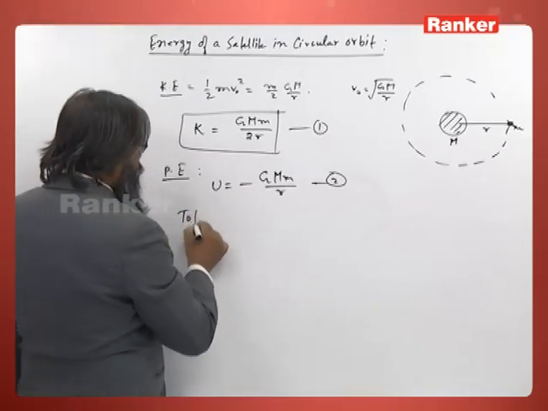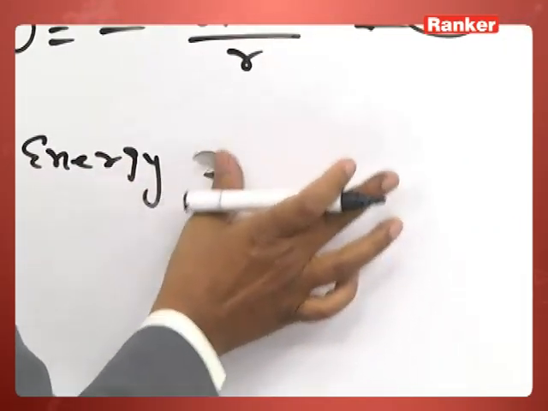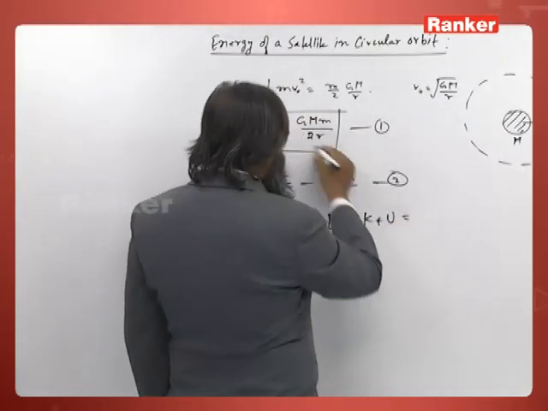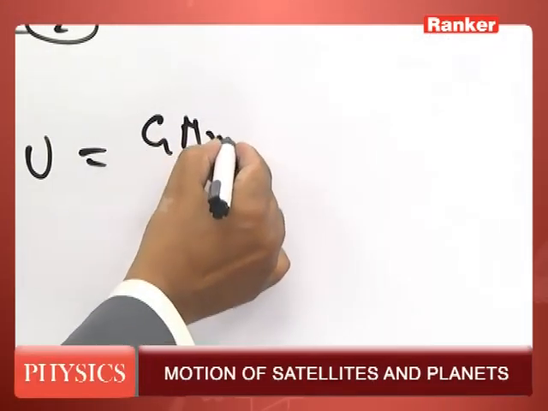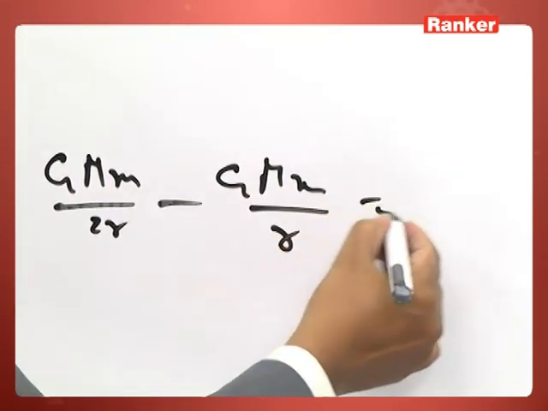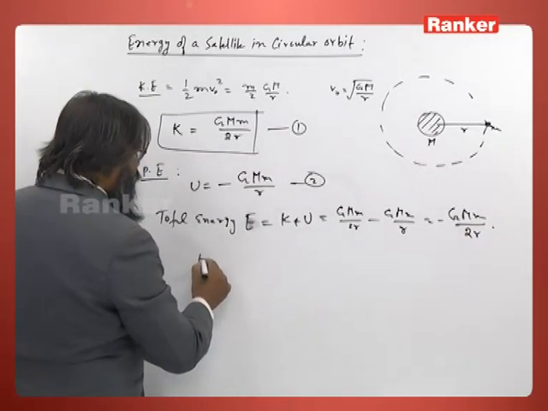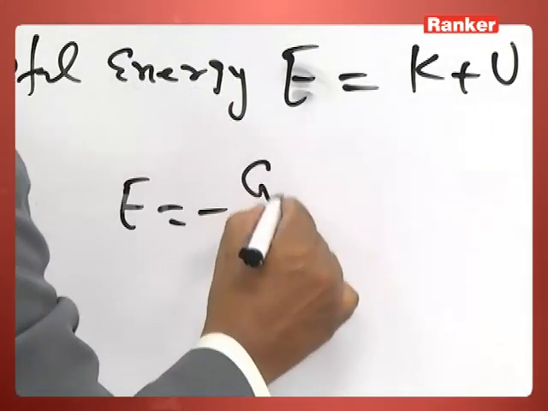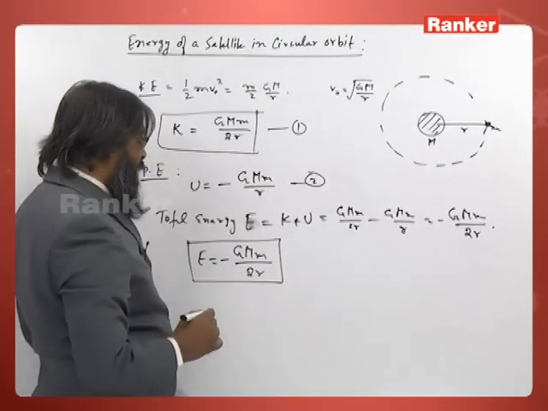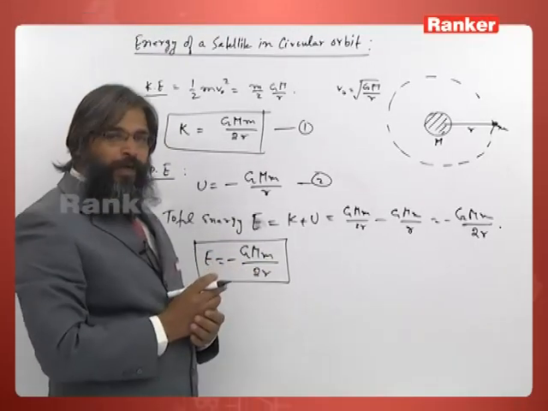Now, the total energy of the satellite, denoted by E, will be K plus U. This is G M m by 2r minus G M m by r, which becomes minus G M m by 2r. So, this is the energy of the satellite in the orbit of radius r. This is the expression for E.